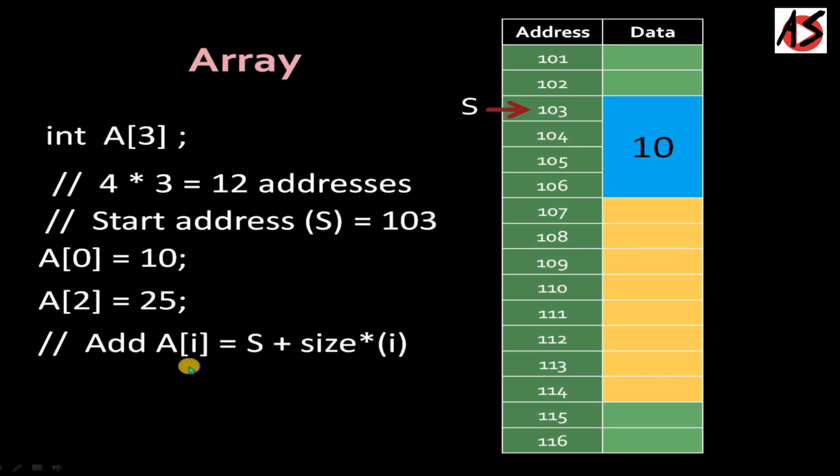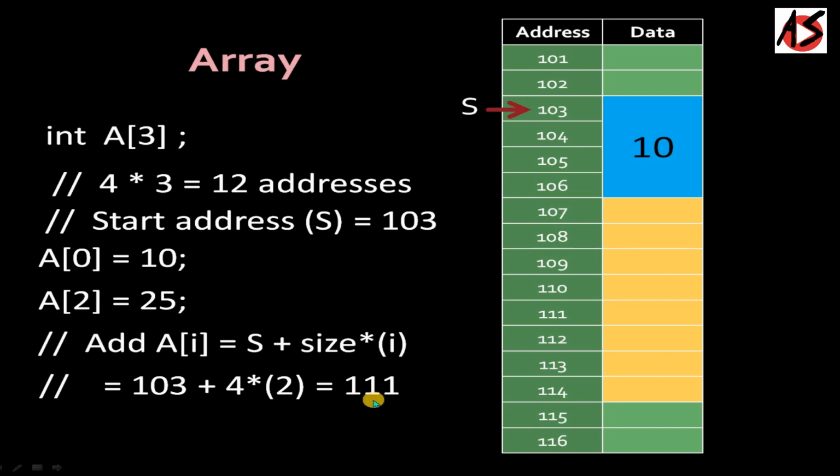In our case, the starting address is 103, pointed by S, so we write 103. The size of the integer data type is 4, so we write 4 here. And since the index is 2, we write 2 here. So 4 multiplied by 2 is 8, plus 103. We get the address 111.